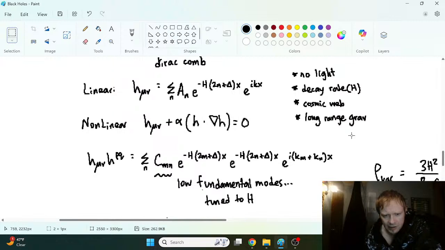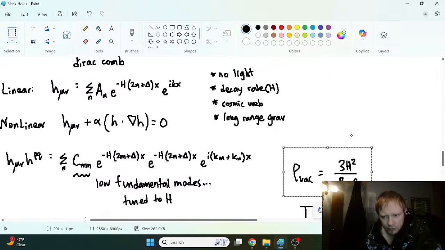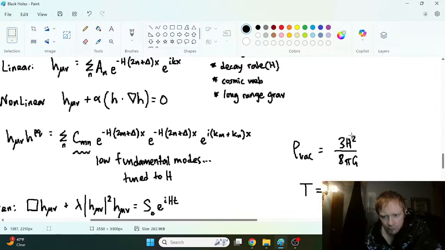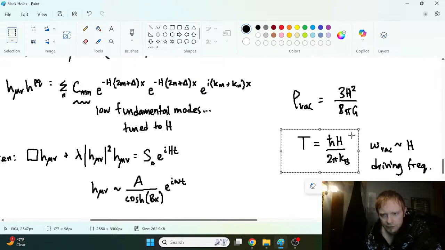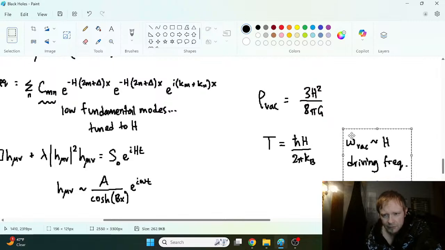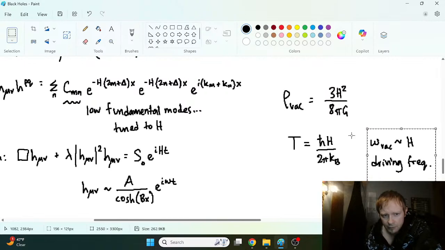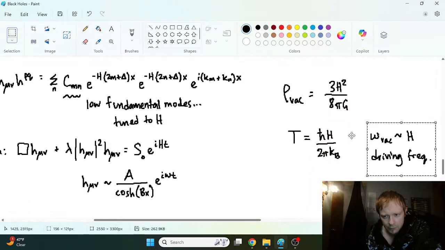But yeah, these are very subtly tuned to H. As you can see, this H is very important. Let's realize that the vacuum energy is also tuned to H squared over here. And so we have this temperature of the universe, which is proportional to H. And so that tells us that the vacuum energy, or the vacuum frequencies, might be the driving frequency of this complex gravitational wave network in frequency space.